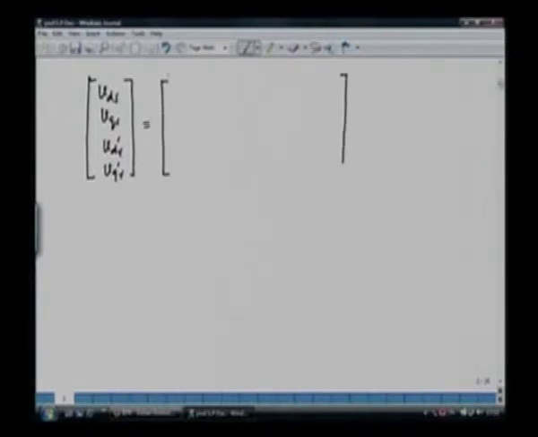And here we have the impedance matrix, and then we have IDS, IQS, IDR and IQR. Now this impedance matrix is a 4 by 4 matrix, and we can fill up this matrix from the previous equations. We can also fill up by inspection.